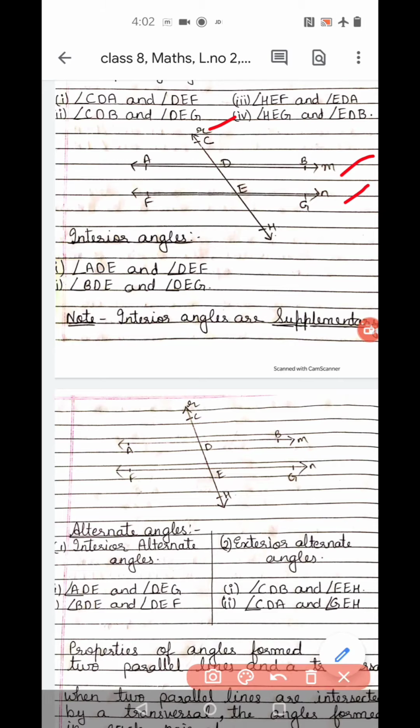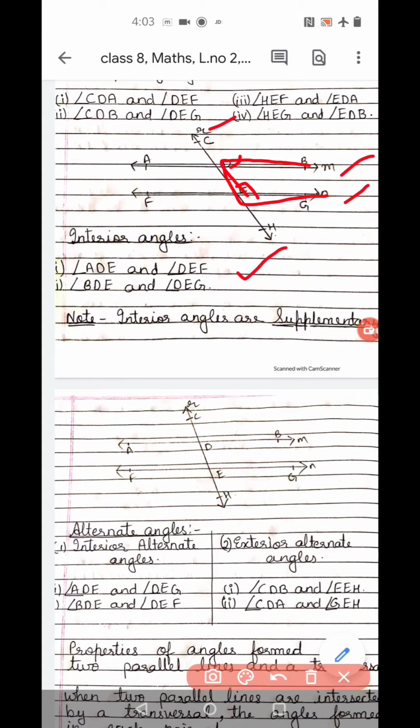Now on one side of DE we can form two angles, BDE and DEG. These are the two angles which are on the inside of the two parallel lines on one side of a transversal, and they are said to be interior angles.